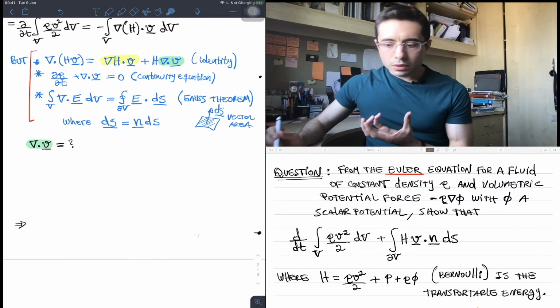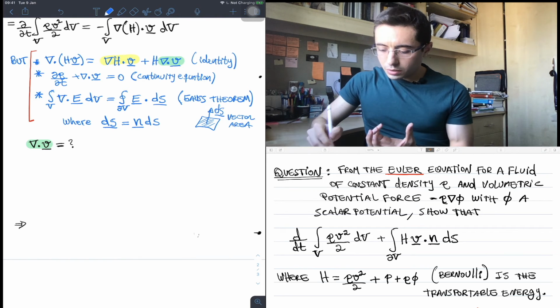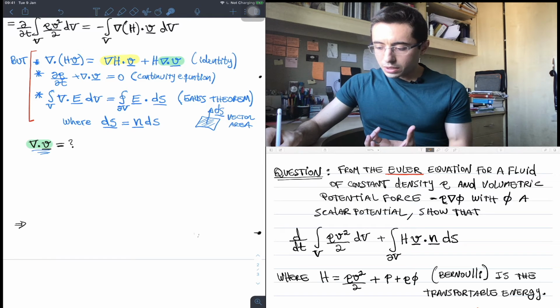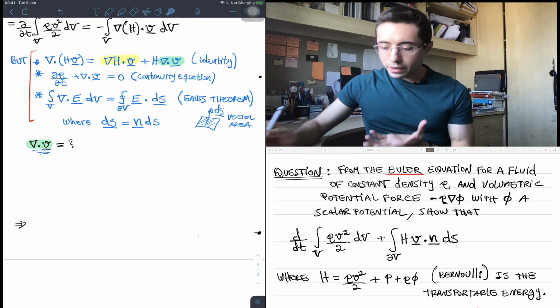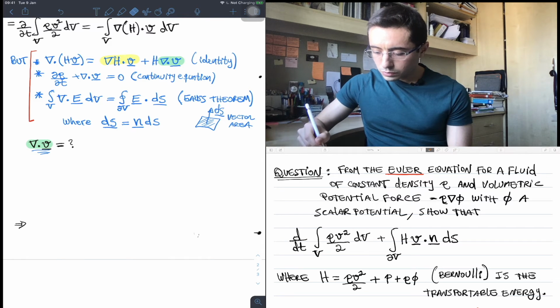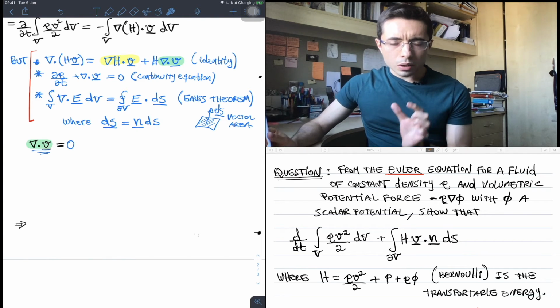But the extra problem here, which is not a problem, is that we need this term here as well, right? So because it's here, it turns out that this term is equal to 0. And that's easy to see because we need to remember the continuity equation.